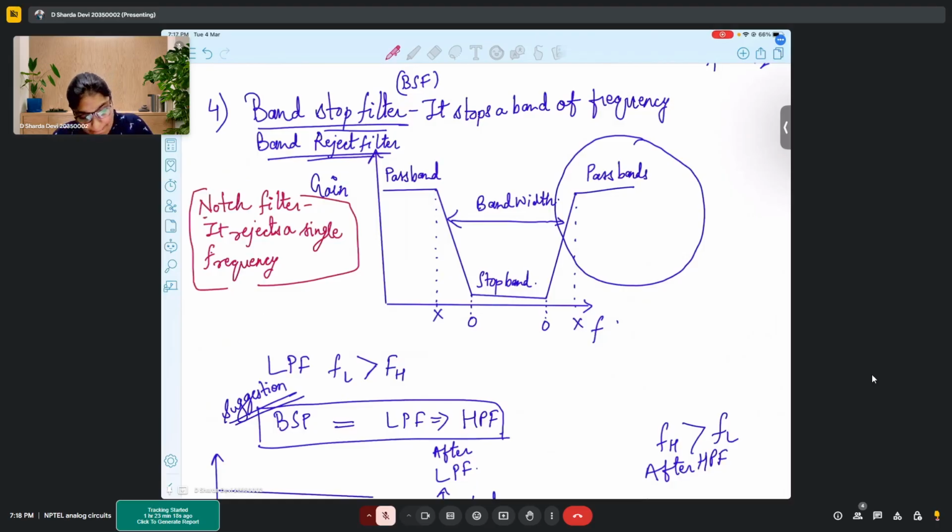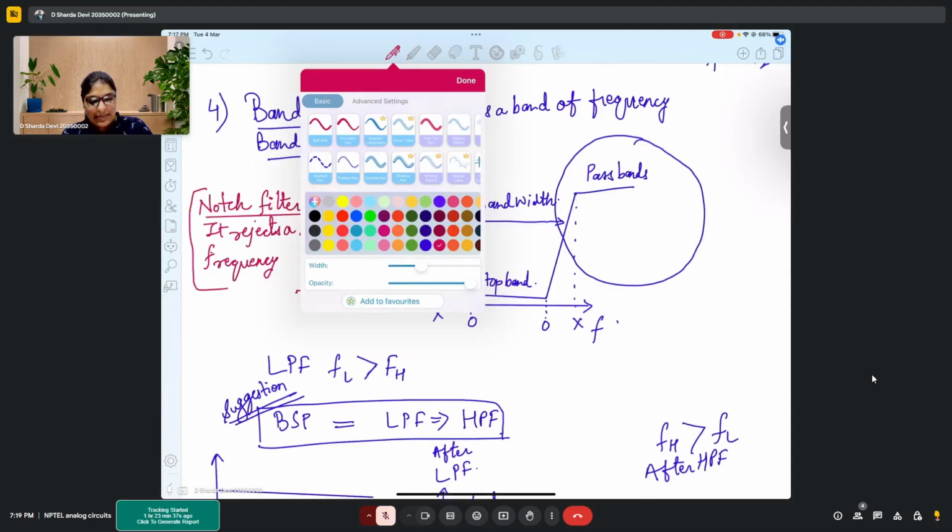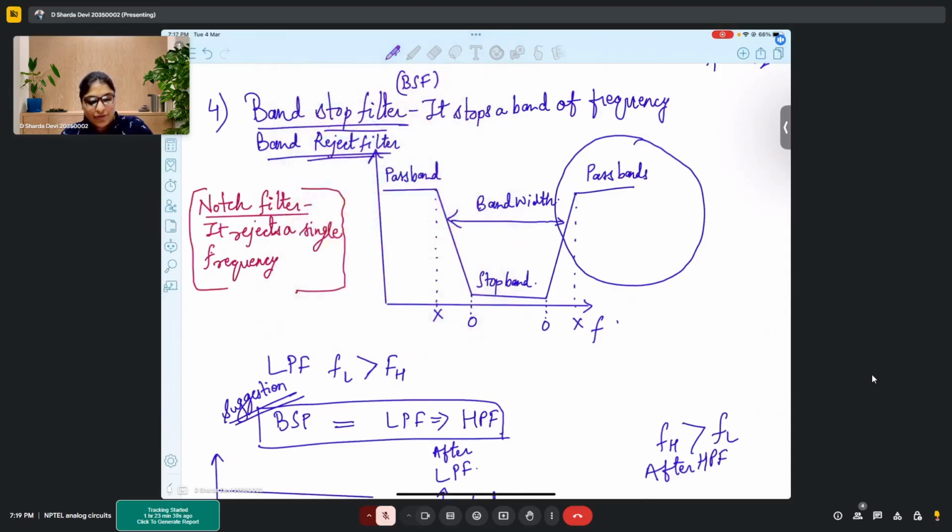Okay. And there are special designs and special cares taken to create these notch filters so that they eliminate only a single frequency. So maybe if time permits, we might look into it. But yeah, they have a special design. So you can look up online or in books also.